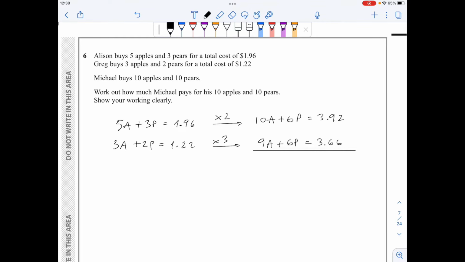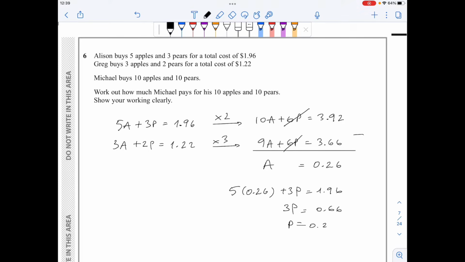Since I have 6 P's on both equations, I will subtract, so they cancel out. A equals 0.26. And then I'm going to use the first equation, 5 times 0.26 plus 3P equals 1.96. So 3P is 0.66.